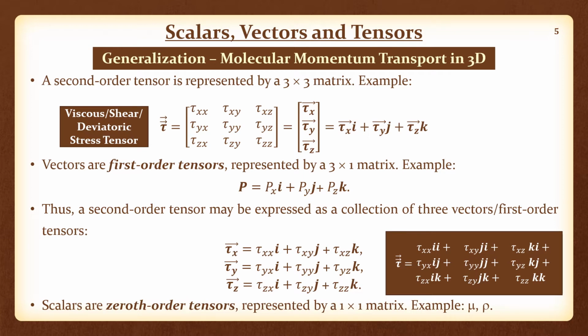So sure enough, the molecular momentum transport happens in the y direction, but where did the fluid flow? The fluid flowed along the x direction. So therefore, we had this particular term tau yx showing up for shear stress.